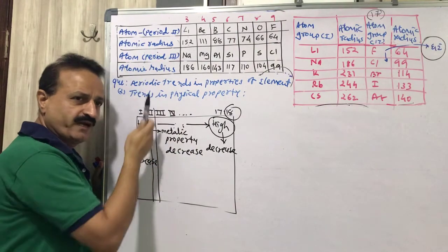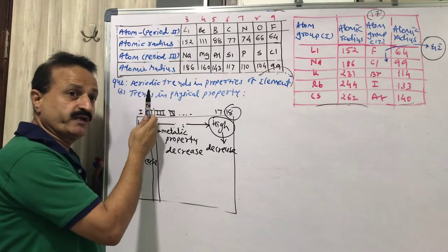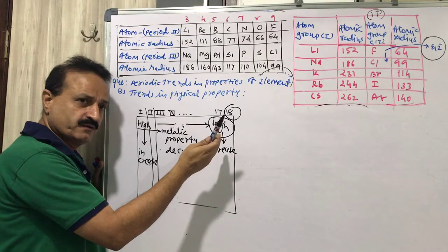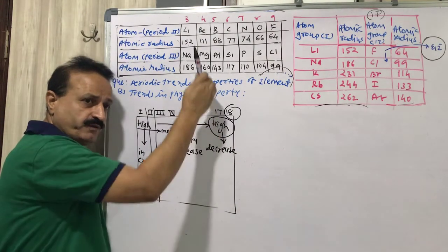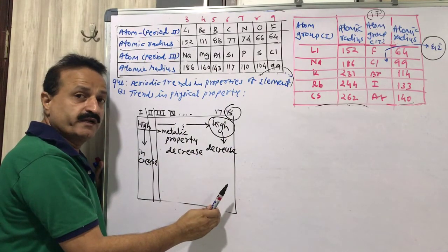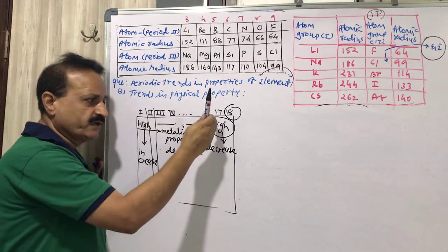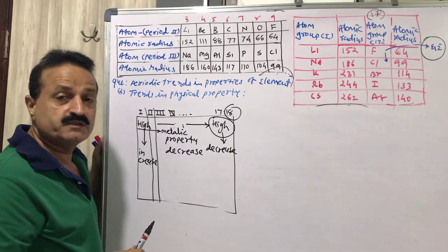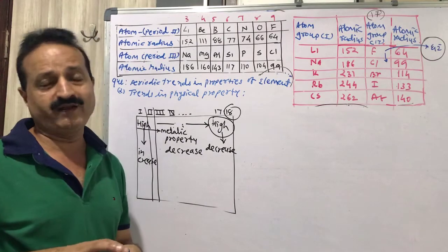In first group alkali metal, as we go down the group chemical reactivity increases. In group 17, the first element has high chemical reactivity, but as we go down the group, chemical reactivity decreases. This is the periodic trends in property of element.